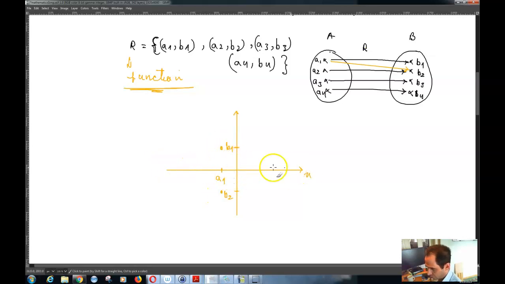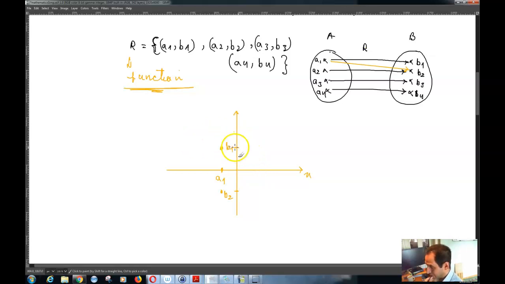Now when you take a look at your function, when you reach the point A1, you don't know whether the value of the function at this point is B1 or B2. There is no way to tell, because at this exact point there are two outputs related to this input, and so this cannot be called a function.